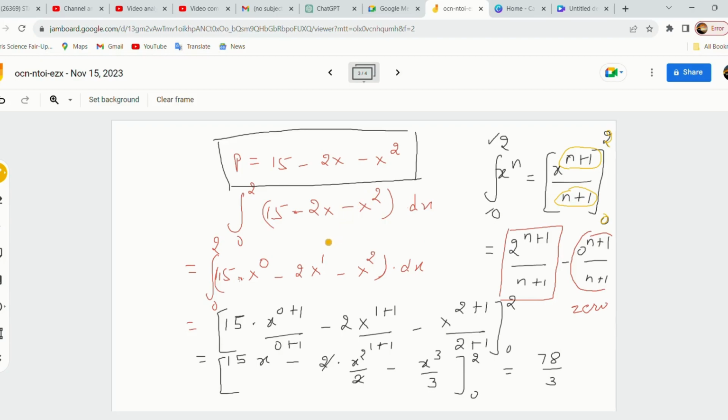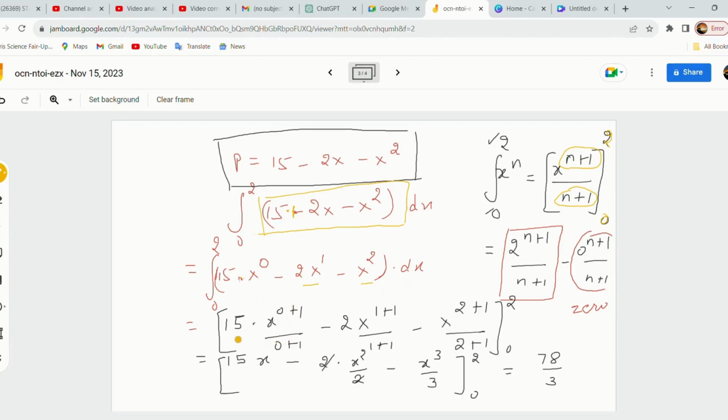So for this demand function, we have 15 minus 2x minus x square. So this 15 means this is 15 multiplied by x raised to power 0, because there is 1 with 15. So that means it is x raised to power 0, minus 2x raised to power 1, and minus x square. So how do we integrate that?